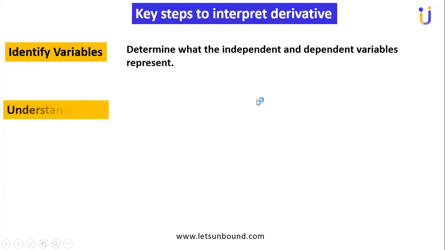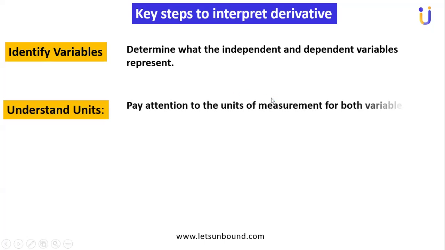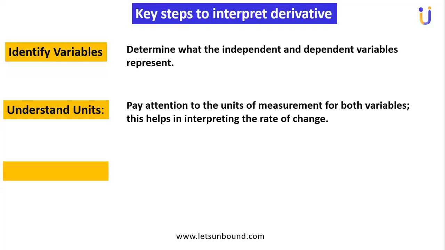Next, understand the units. Units are very important. Pay attention to the units of measurement for both variables. One might be in meters, the other in seconds, or one a temperature in degrees Fahrenheit, the other in minutes. We have to interpret them in proper order, and you will get it while we are solving examples.